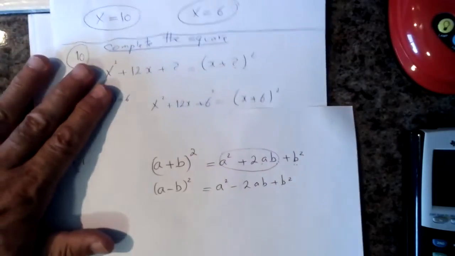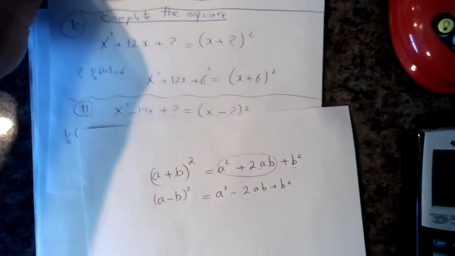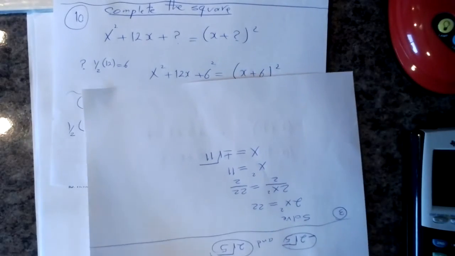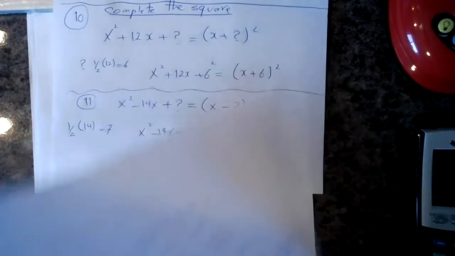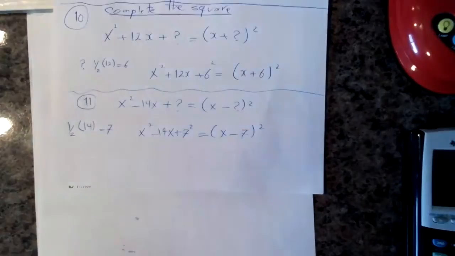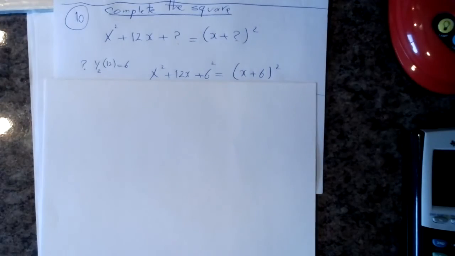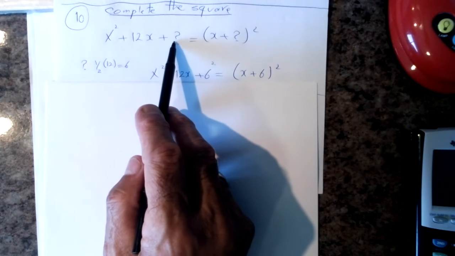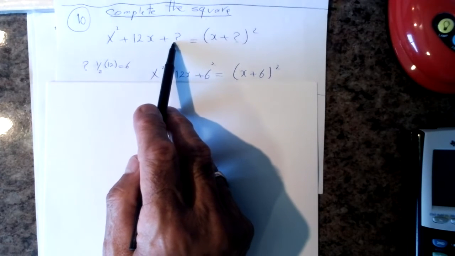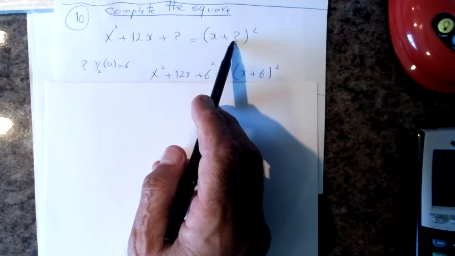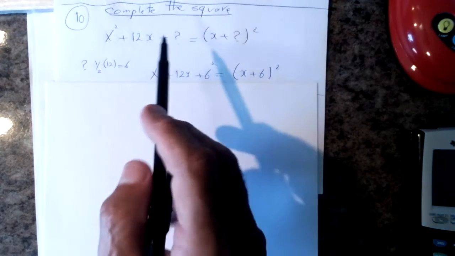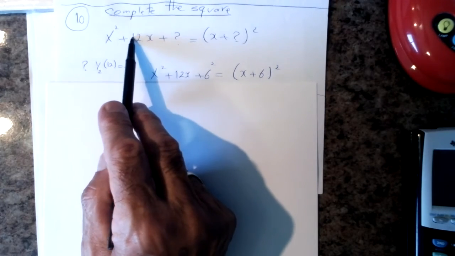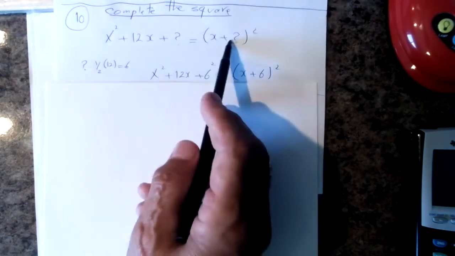Completing the square for these problems. x squared plus 2x. They ask you to find the third term. What you need to do is take half of this number, which is 6, and put it here.